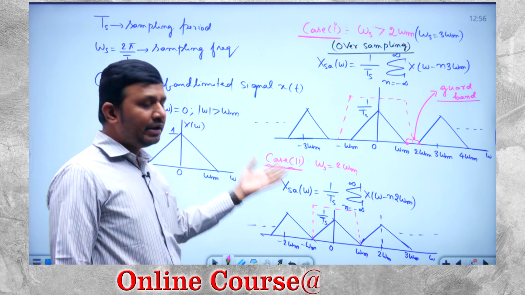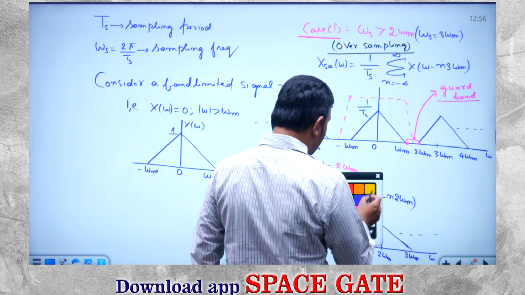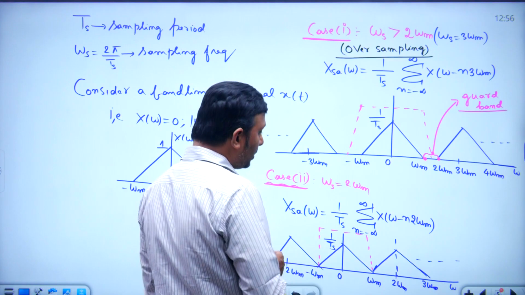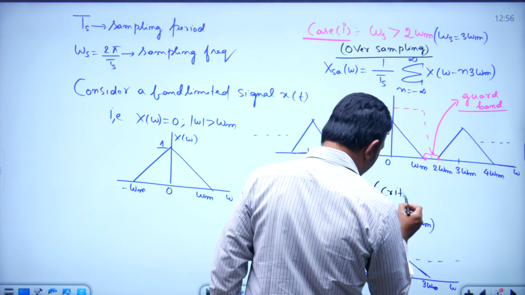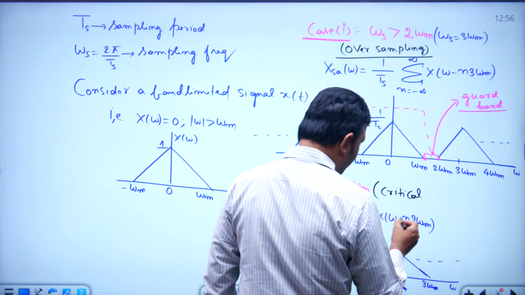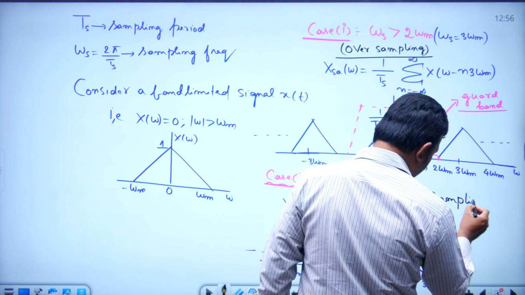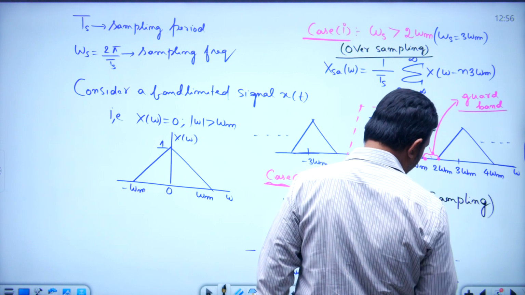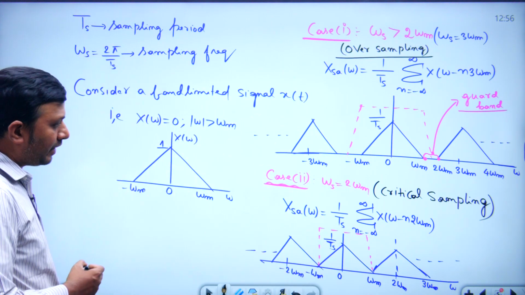Reconstruction is possible in this case also, and the case where we assume omega s is equal to 2 omega m is what is known as critical sampling. Reconstruction is possible here also, right.